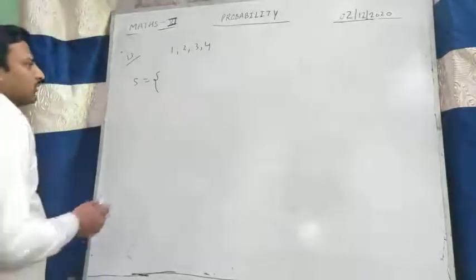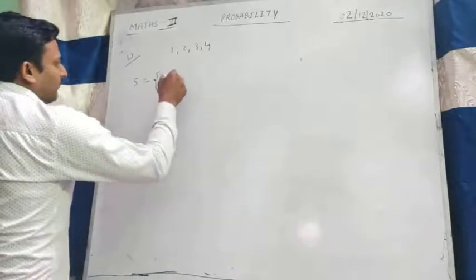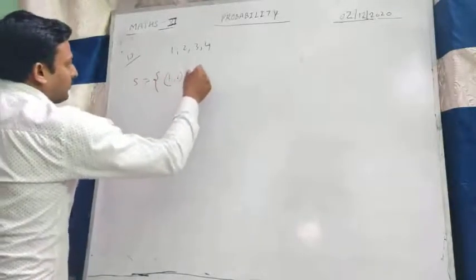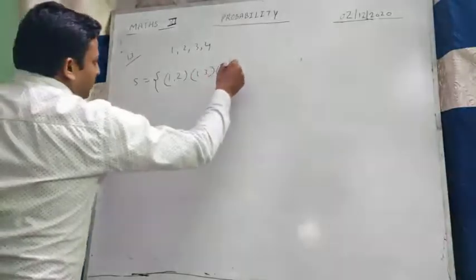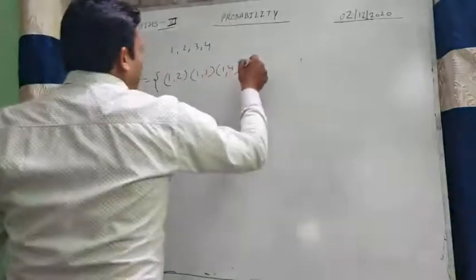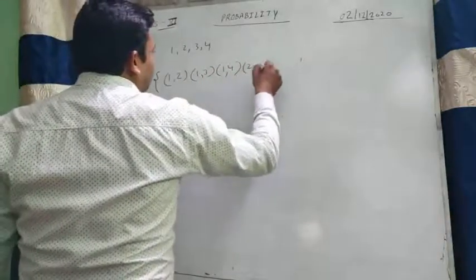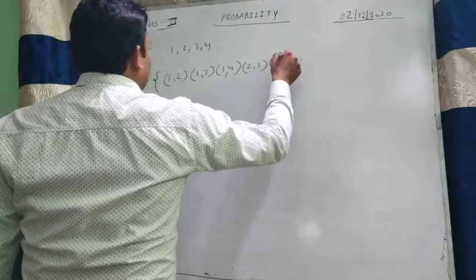So the possibilities may be 1,2, 1,3, 1,4, 2,1, 2, and it says without replacement.